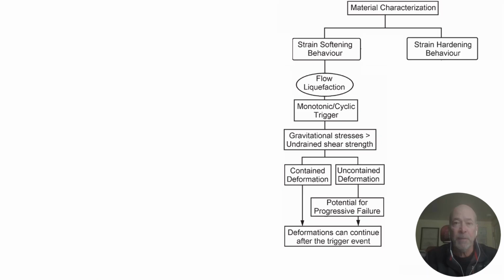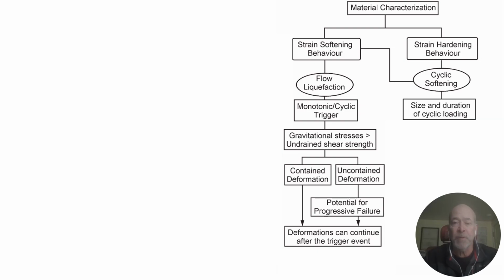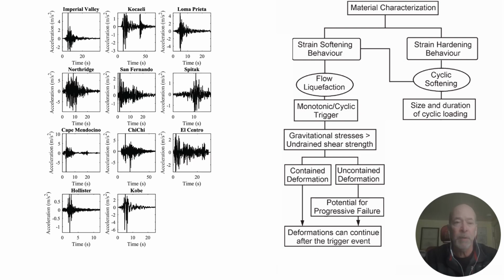So let's look at if we have strain hardening behavior. If we have strain hardening, we could have cyclic softening, and you can see there's a relationship between a strain softening behavior and cyclic softening. So if we have cyclic softening, let's look at the size and the duration of cyclic loading.